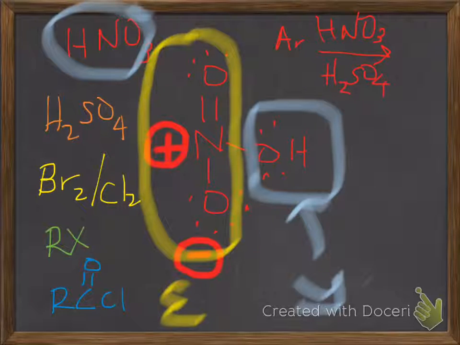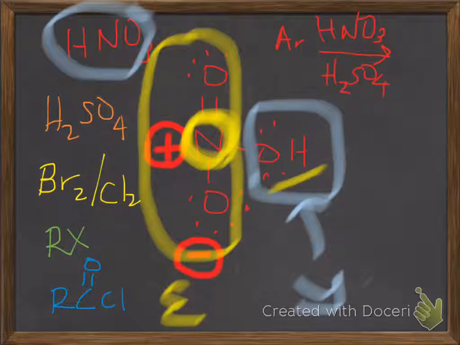We're going to work through more examples, but once again, the nitrogen itself is positively charged. The oxygens are going to be delta minus, but the OH group is a much better leaving group. And so your final products will be the nitrosyl group goes on the benzene, and we get water because you get HOH.